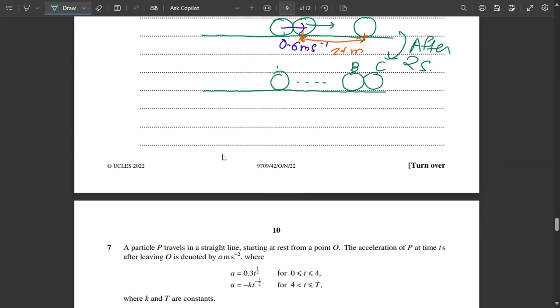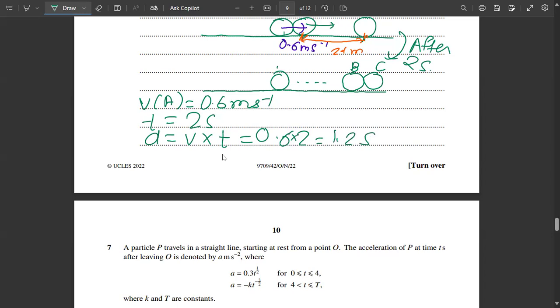So what is the velocity of A? The velocity of A is 0.6 meters per second, and time is 2 seconds. Distance is velocity into time, 0.6 into 2 is 1.2. That means A will cover a distance of 1.2 meters in 2 seconds, so it will come somewhere here.